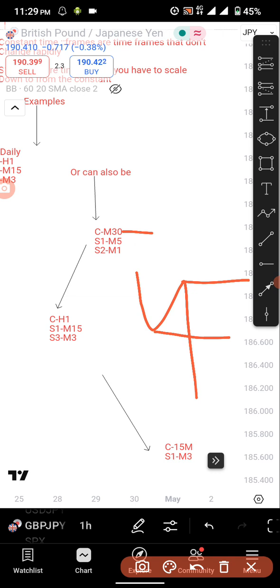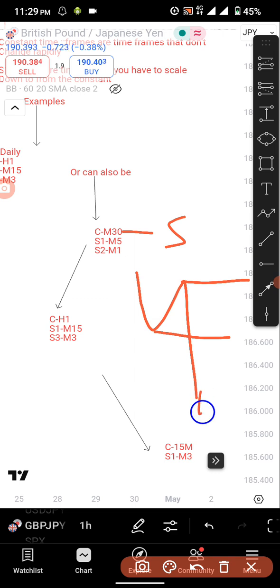So the constant time frame M30 is selling, meaning that now we are in a big sell. So what is S1 supposed to do? For us to come back into these areas for the sells, we have to get a shift of the S1 time frame, which will lead us back to the M30 for the sells.